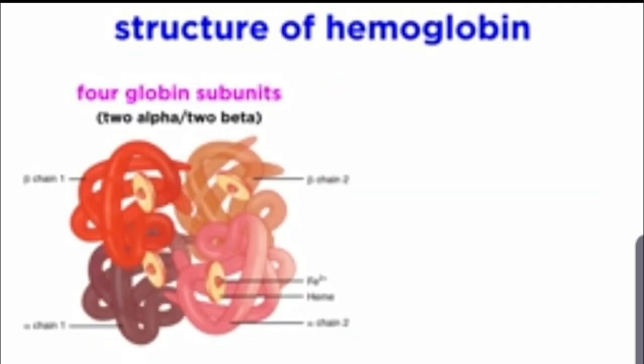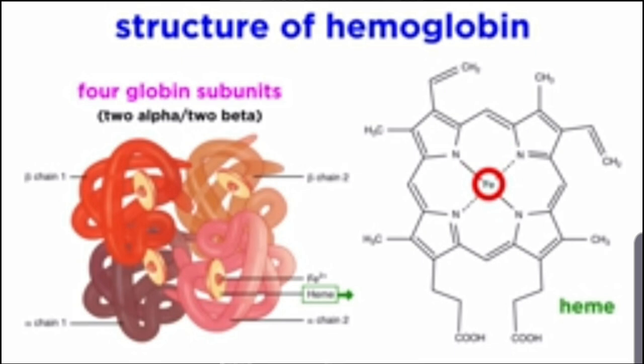This is the structure of hemoglobin. It is made of a protein called globin, consisting of 4 polypeptides, 2 identical alpha chains and 2 identical beta chains, each of which is bound to a heme group with iron at the center.